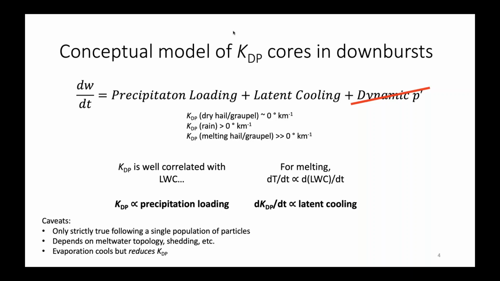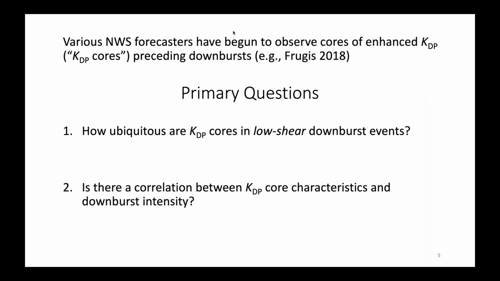And as opposed to KDP being well correlated with liquid water content, in the presence of hail, Z is really only going to be a strong function of the largest hailstones you have in your volume. And so for that reason, we think KDP could serve as a very complementary tool to existing downburst signatures.